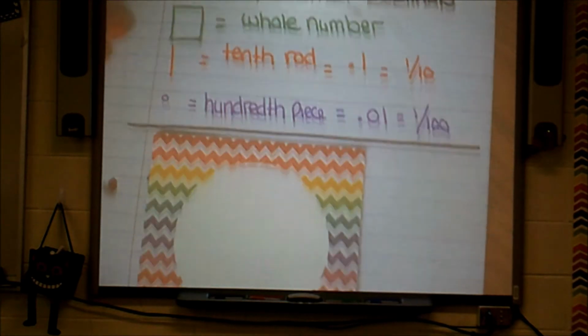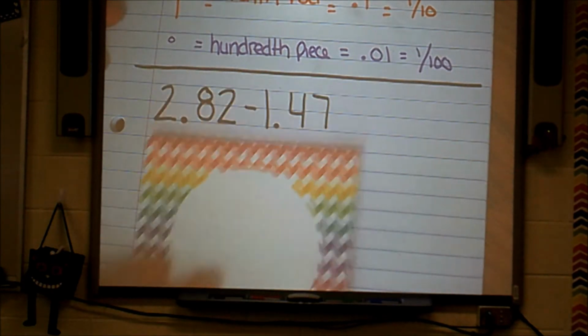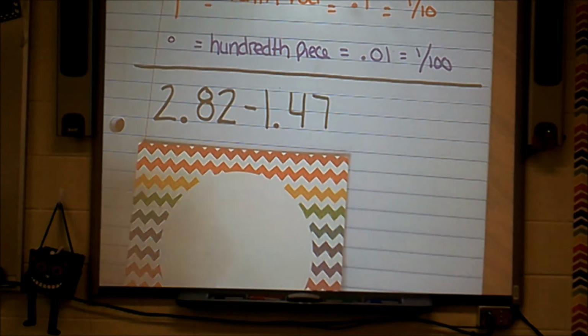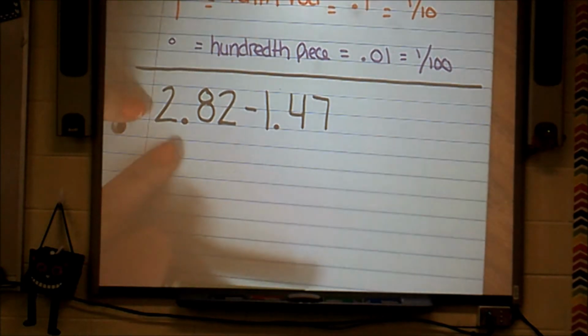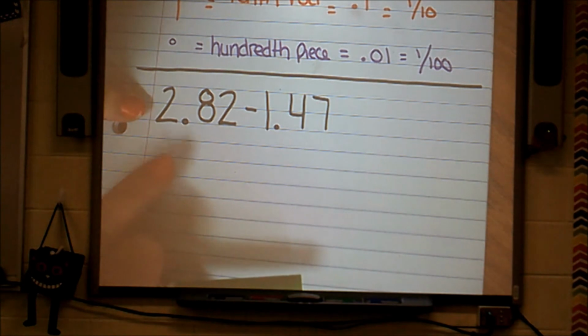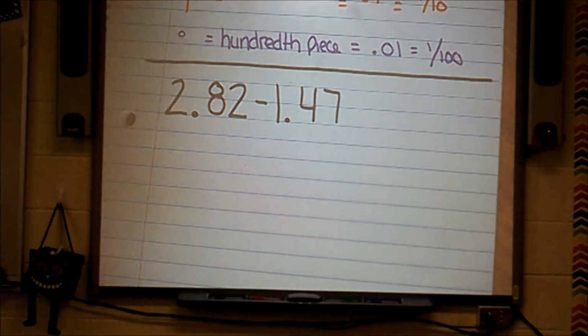So the first problem that we're going to work on is this one. 2 and 82 hundredths minus 1 and 47 hundredths. Because I'm subtracting, I'm going to draw a picture of how much money I start with.